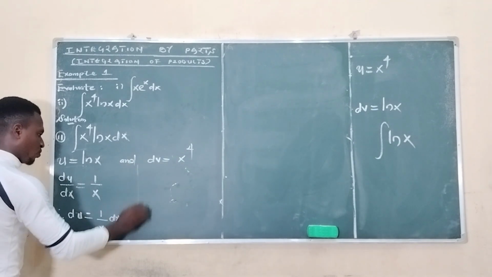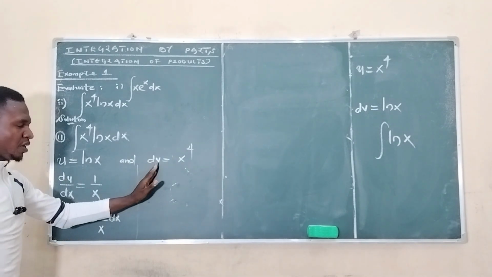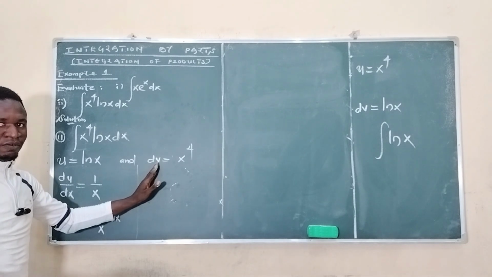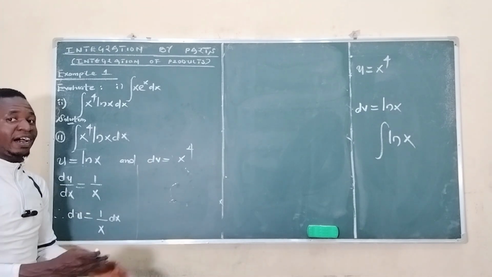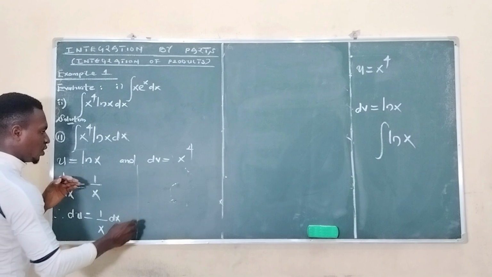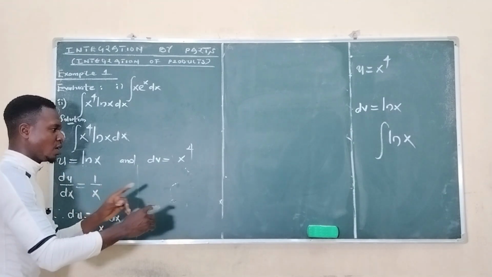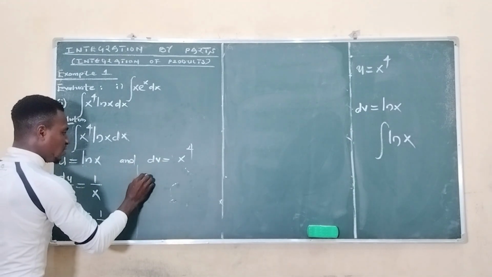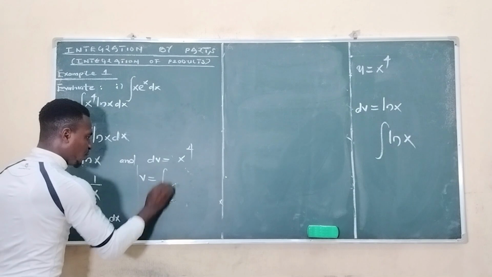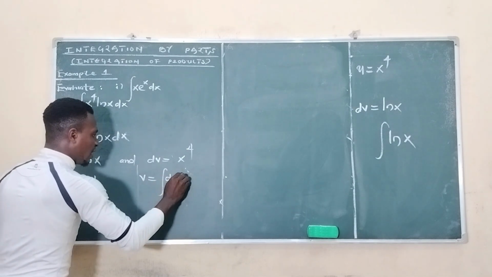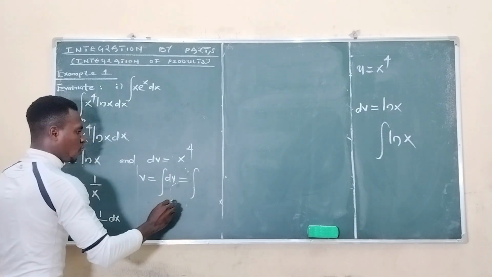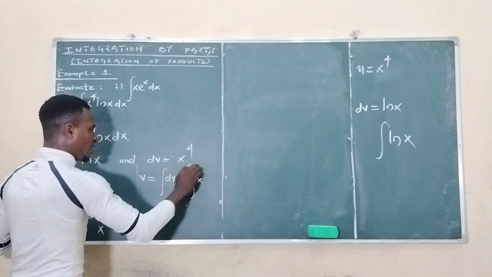And when we come to dv, it's already a derivative. You don't have to differentiate it. In this case, we integrate it. When we integrate it, it gives us back the original function v. So v is equal to the integral of dv, which is the integral of x to the power of 4.